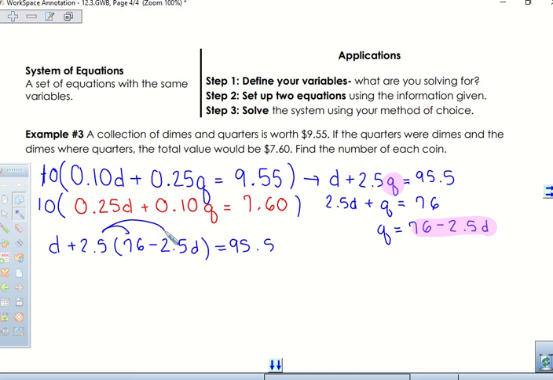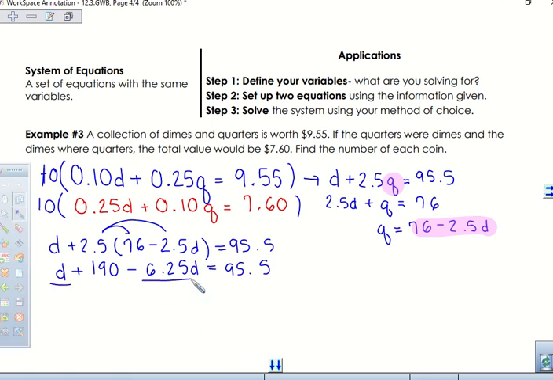And now I can just do the algebra. So I get d plus whatever that is, 190 minus 6.25d is equal to 95.5.